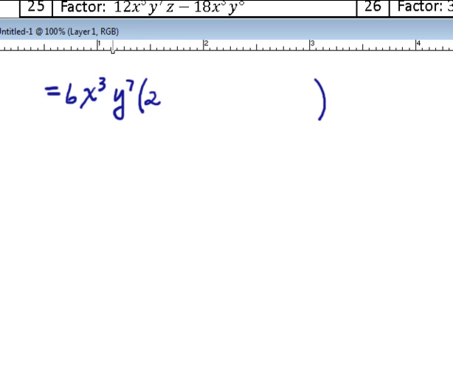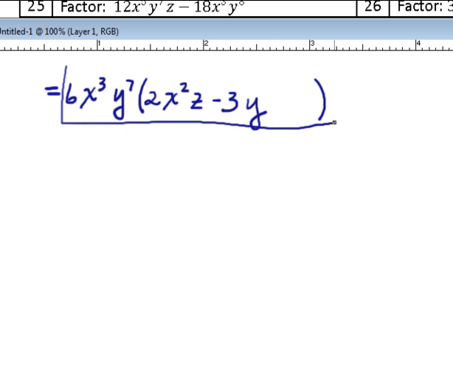And we pull out x cubed from x to the 5th, we're left with x squared. We pull out y7, the entire y7, and then we still have a z here. Now from 18, we pull out factor 6, we're left with factor 3. We pull out the entire x cubed. From y to the 8, we pull out y7, and we're left with y. Okay, so that's factored.